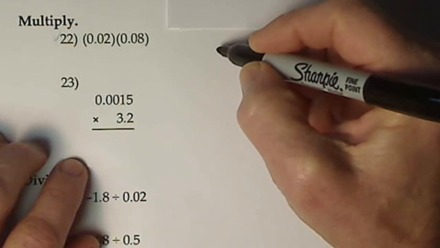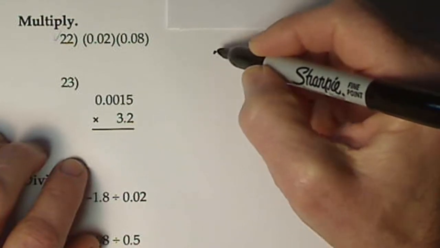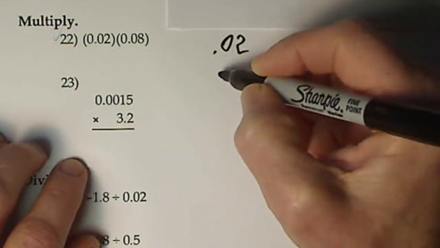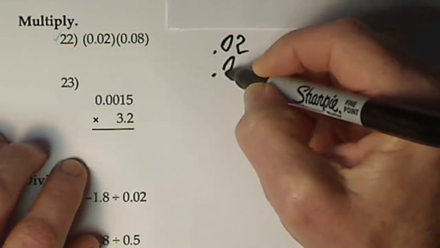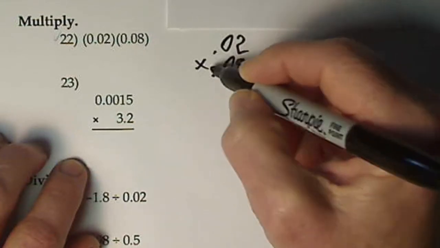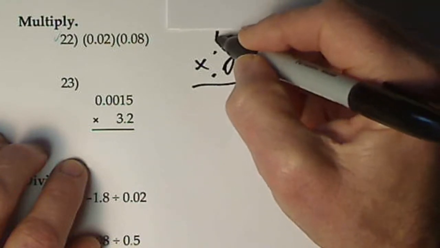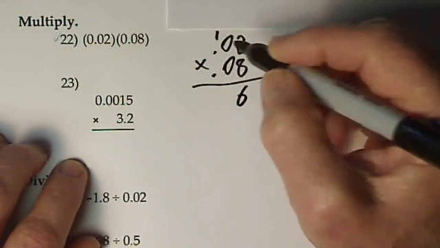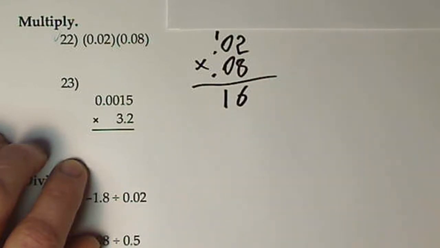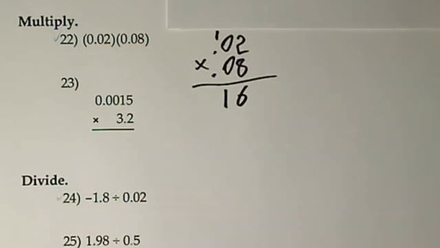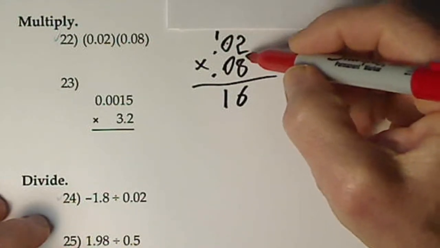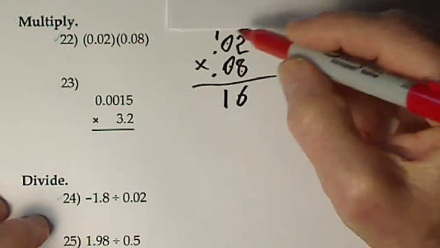So we have, let's say, 2/100 multiplied by 8/100. So 8 times 2 is 16. Carry your 1. 8 times 0 is 0, plus 1. That was interesting. Okay, and now all you have to do is count the decimal places. So you have 1, 2, 3, 4 digits behind the decimal.